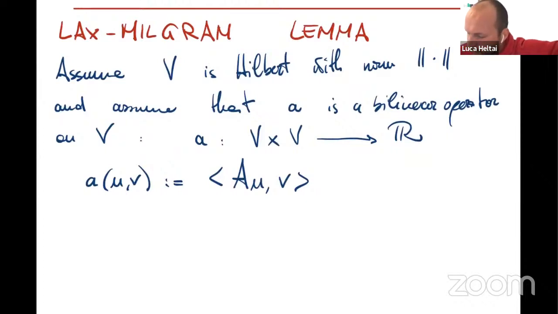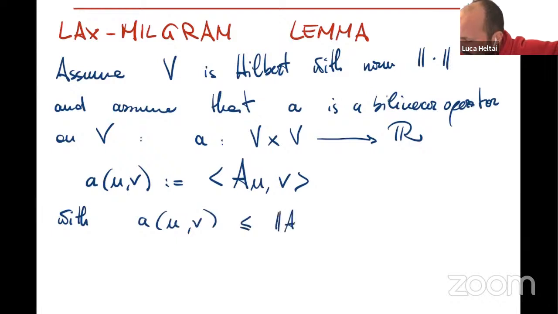Okay. So the two assumptions that we have here: A of U, V is bounded. Now I'll write here norm of A, and then we define what this is.